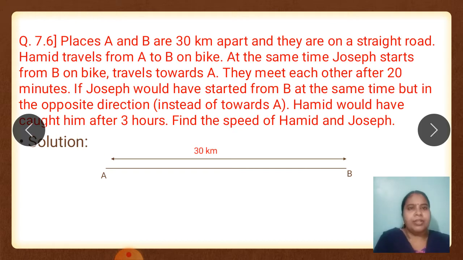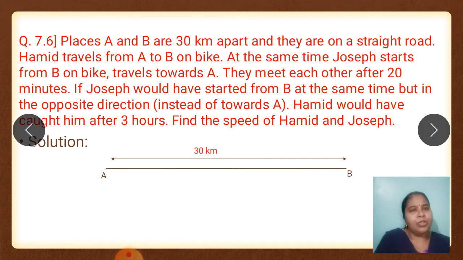Then Hamid travels from A to B on a bike. So he will travel from here to B on a bike. At the same time, Joseph starts from B on bike, travels towards A. So from here, he will also travel in this direction towards A. Both will meet each other after 20 minutes.